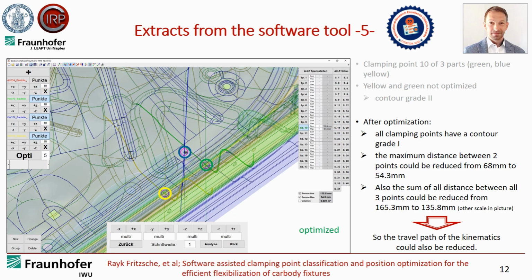Before the optimization it was 86 millimeters. Also the sum of all distances between all the 3 points could be reduced from 165 millimeters to 135. So with this optimization the travel paths of the kinematics could also be reduced.